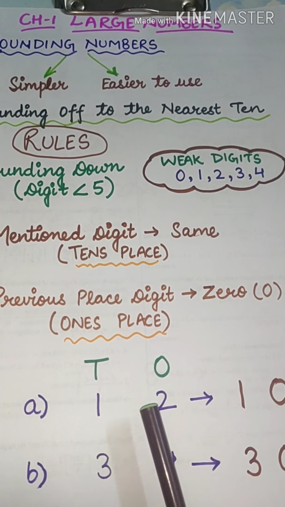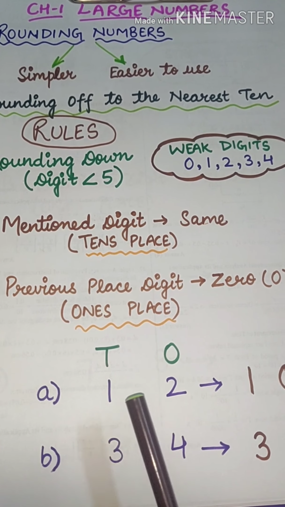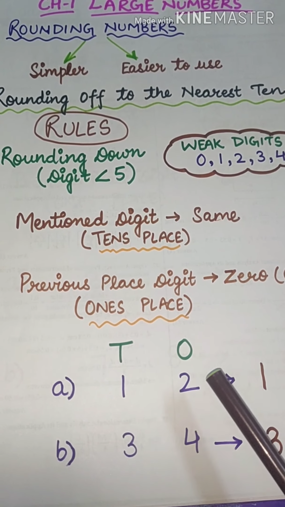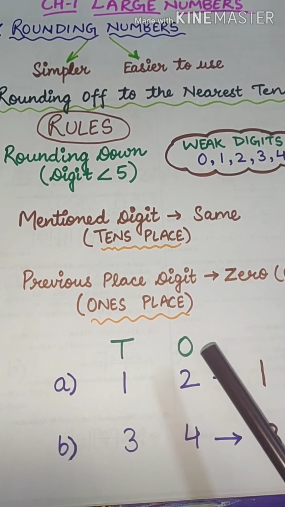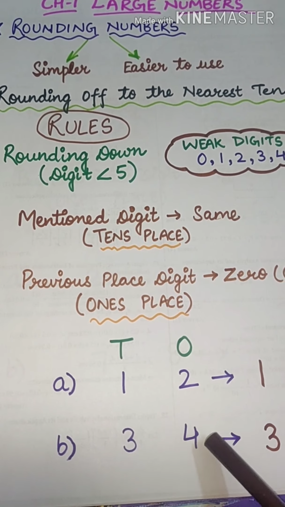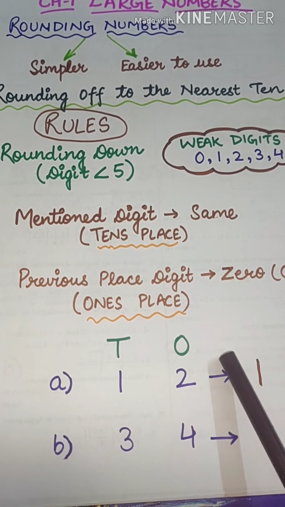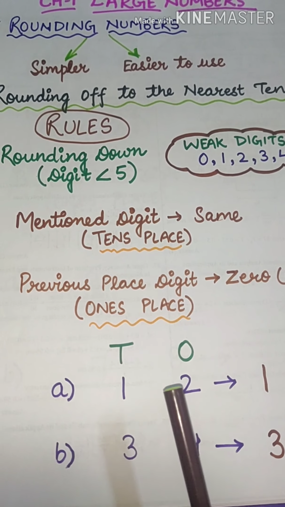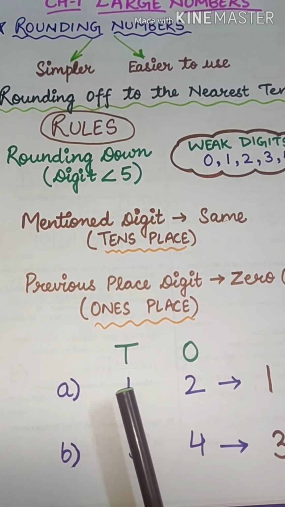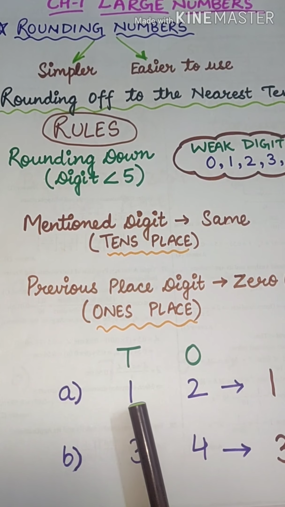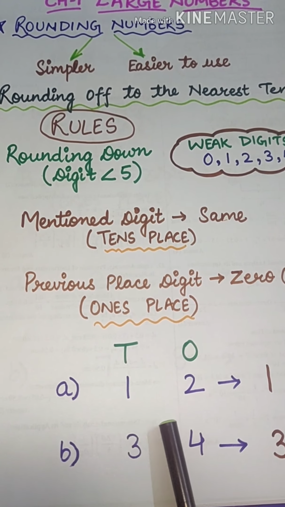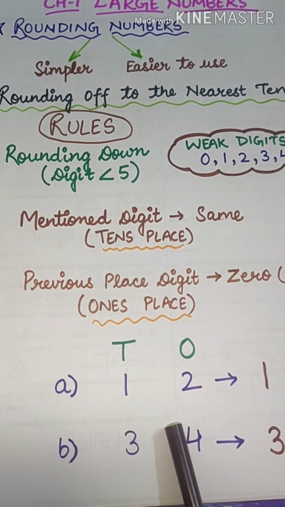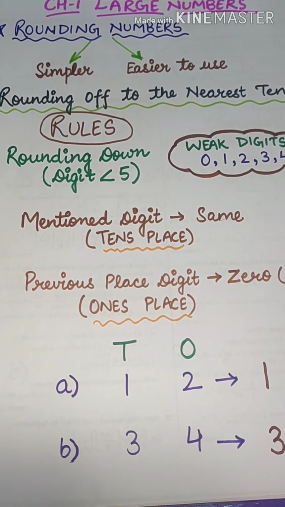Now I have written two examples for you. First is 12 and second is 34. Now you can see 2 is at ones place and in this 4 is at ones place, and these two digits are weak digits. Now rounding off to the nearest 10, for this we will look at the digit which is at ones place, which is its previous place digit.